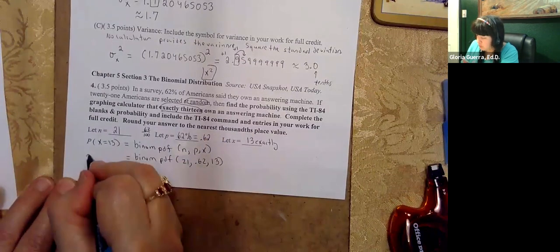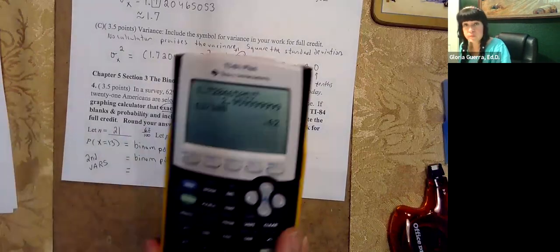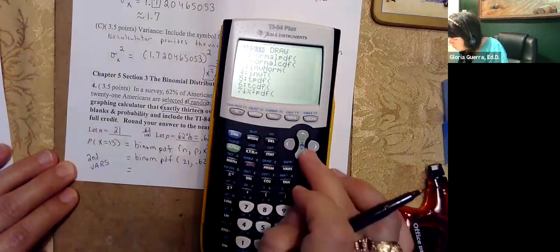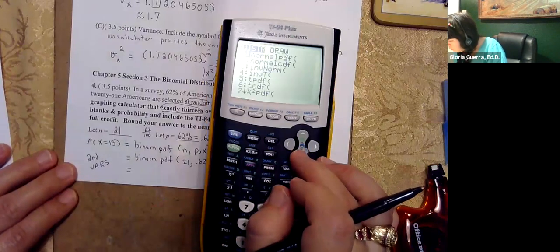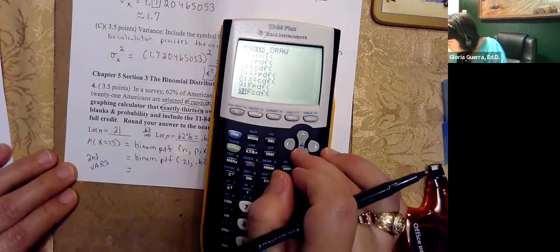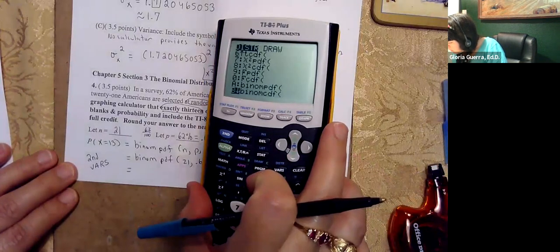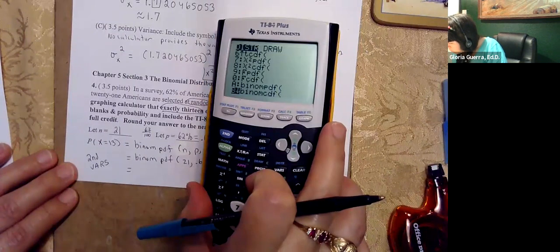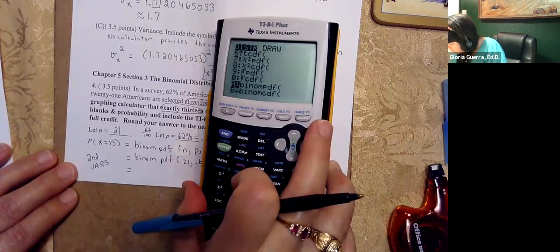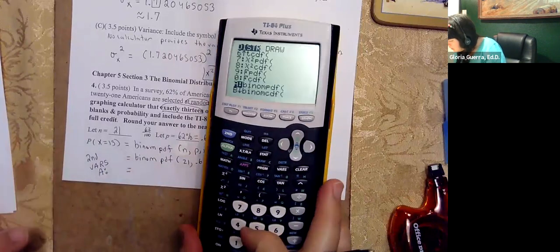And then to get to that on your calculator, you do need to do a second vars, and you need to scroll down to binom. Let's see, the long way, I forgot the shortcut. The long way is to scroll all the way down to A, binom PDF, and that's in A. But the shortcut, let's see.